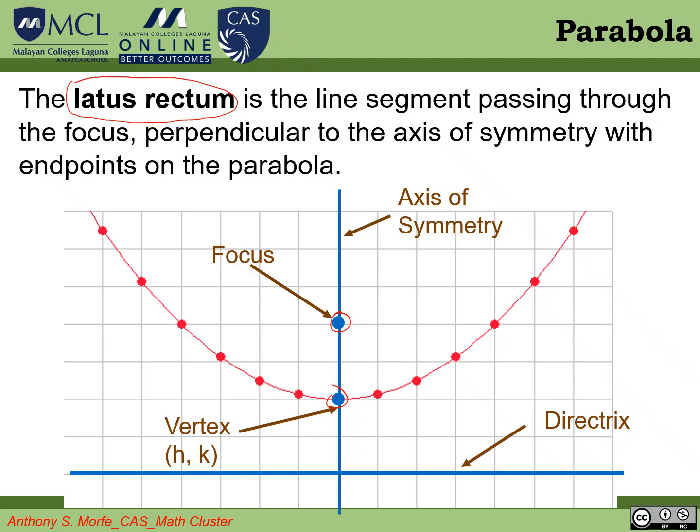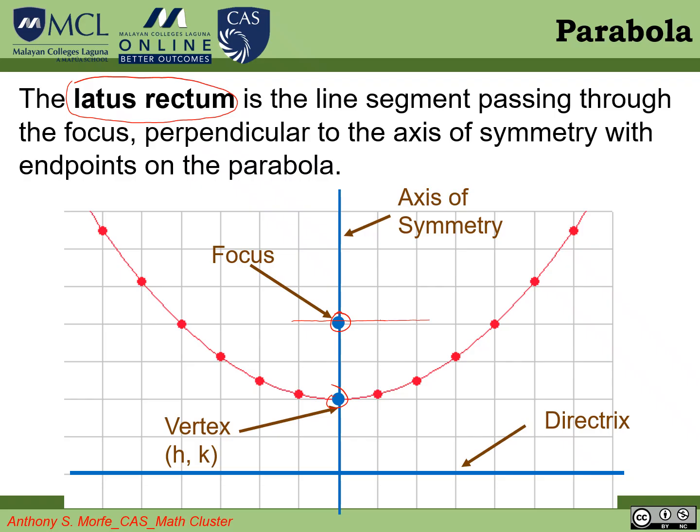Latus rectum is the line segment passing through the focus. So this is the focus, okay? Passing through the focus, perpendicular to the axis of symmetry. So this is the axis of symmetry, and perpendicular to it means this line. Perpendicular to the axis of symmetry with endpoints on the parabola.